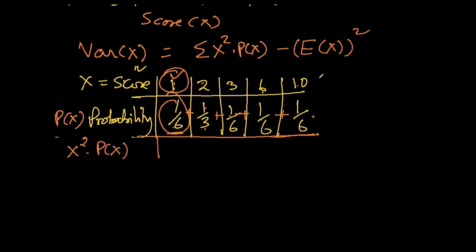We will square the x first. 1 square is 1, multiplied by 1/6 will be 1/6. 2 square is 4, multiplied by its probability is 4/3. 3 square is 9, multiplied by 1/6 will be 9/6. 6 square is 36 divided by 6.